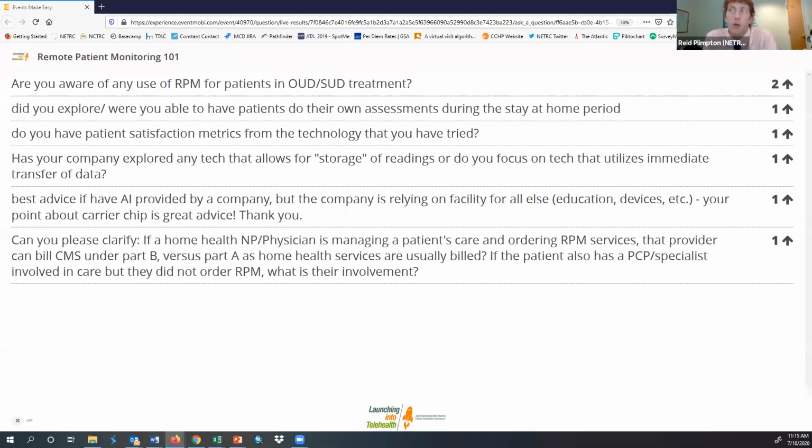Did you explore, or were you able to stand this up to have patients do their own assessments, I'm assuming this is talking about during the stay-at-home period? For COVID and everybody staying home, there was one company we worked with who had IVR technology, interactive voice response, as well as pulse oximeters and thermometers.